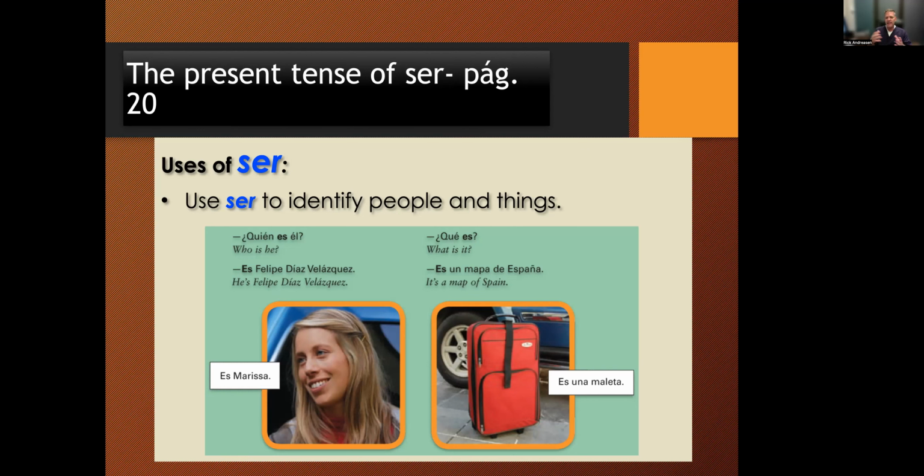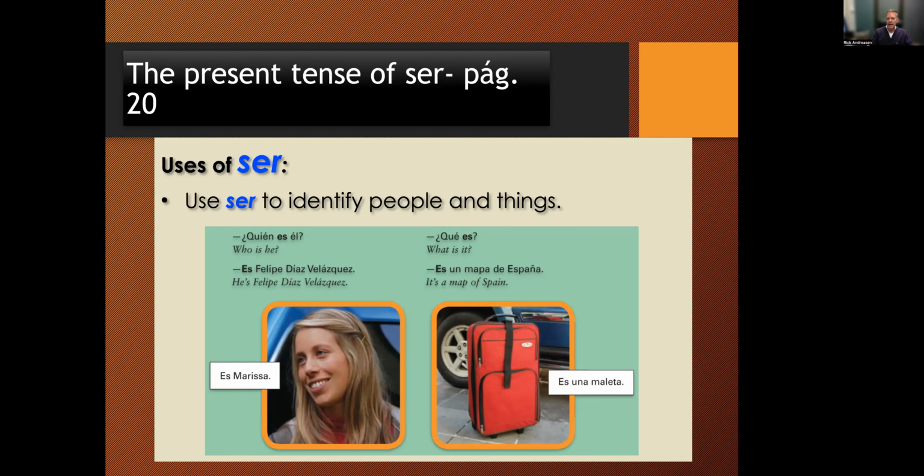The second one on the right, ¿Qué es? What is it? Es un mapa de España. It's a map of Spain. Again, the subject pronoun "it" doesn't translate. You don't need it. You have the story on the left, at the bottom, about the foreign exchange student that's in Panorama. It's a great student, a great story. So ella es Marisa.